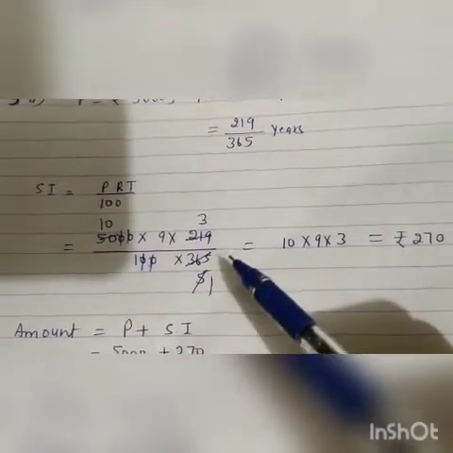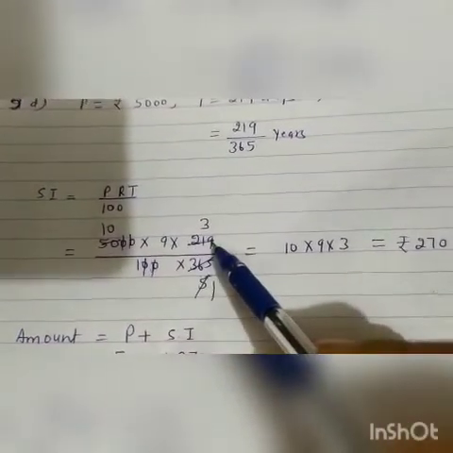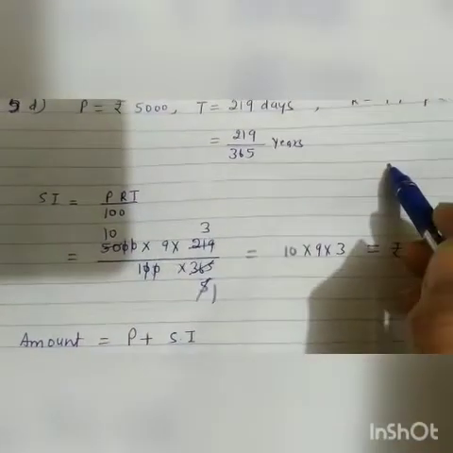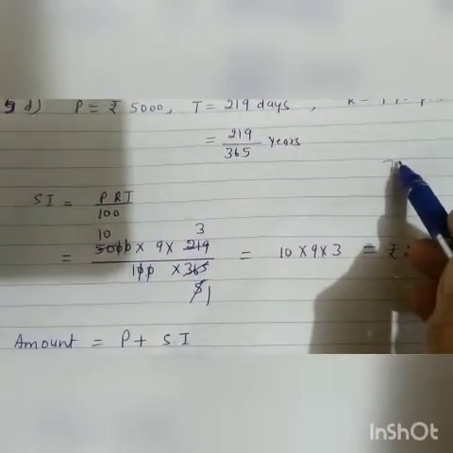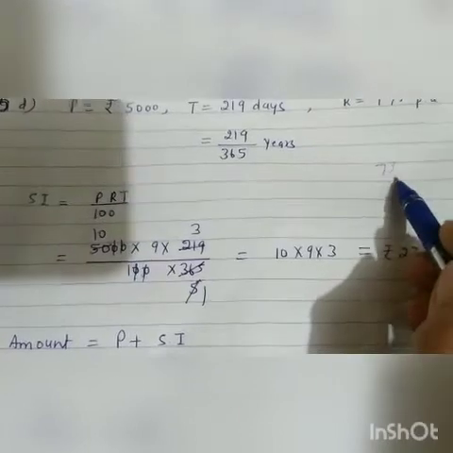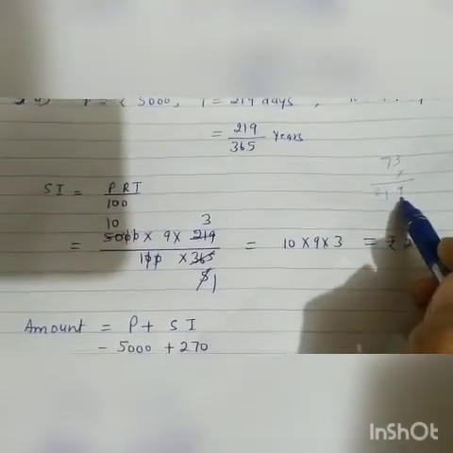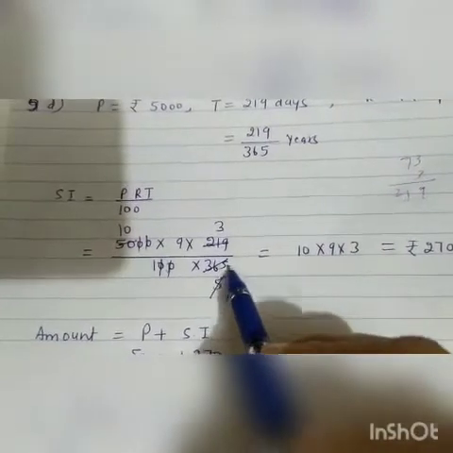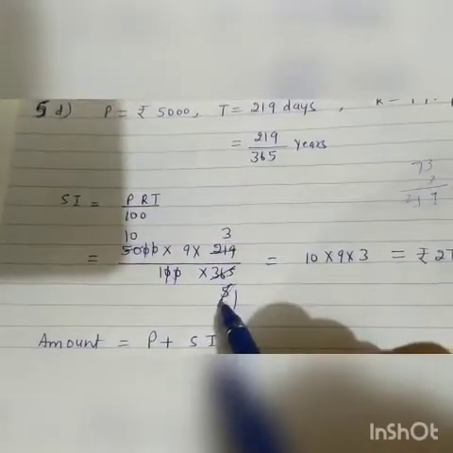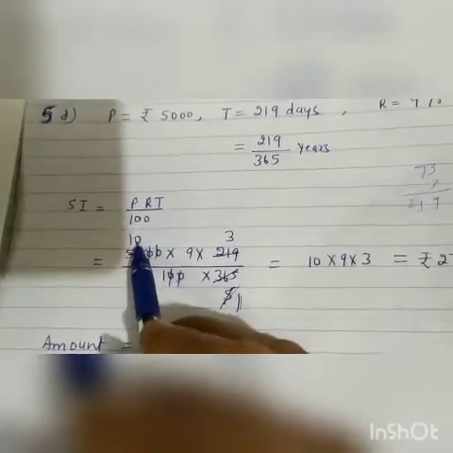Again today I am telling you, then 73 3s are 219, and 73 5s are 365. Then 5 1s are 5, 5 1s are 5.